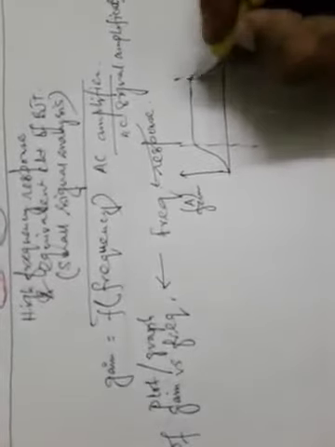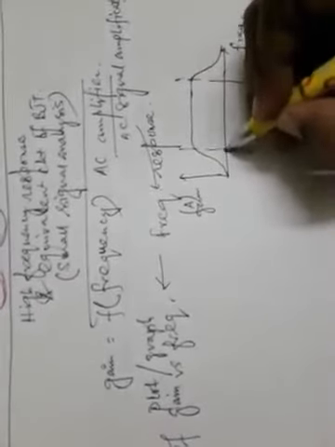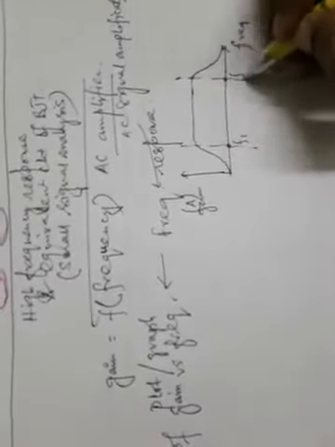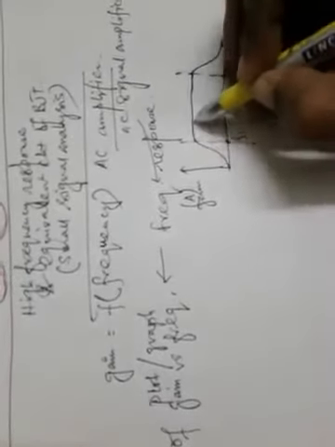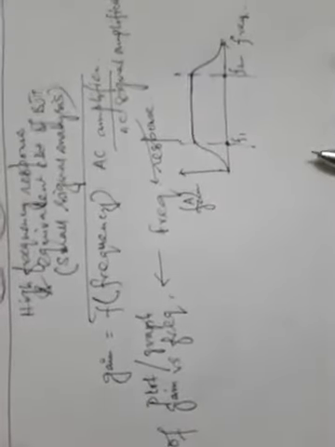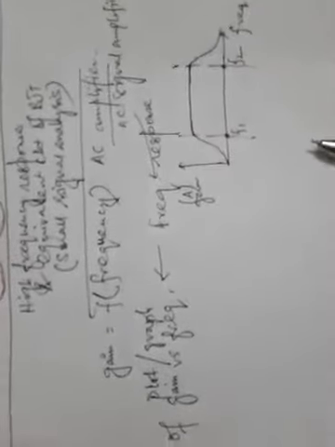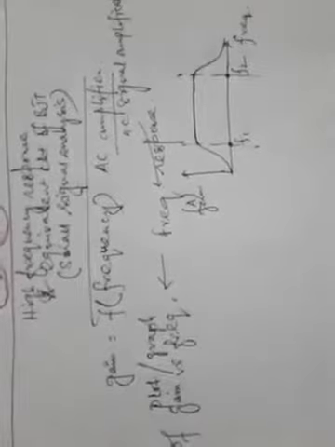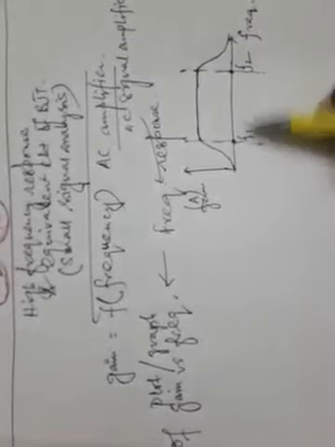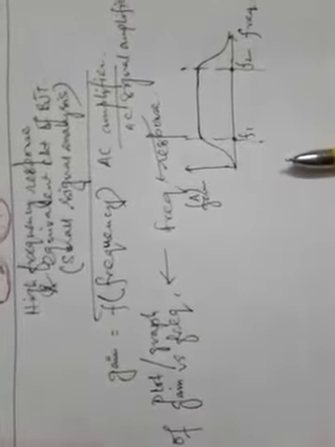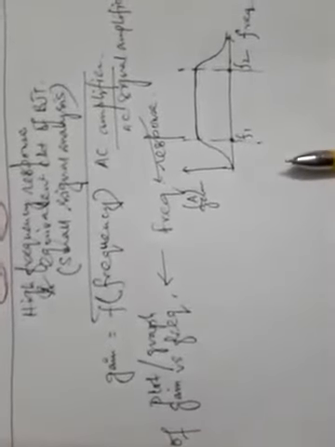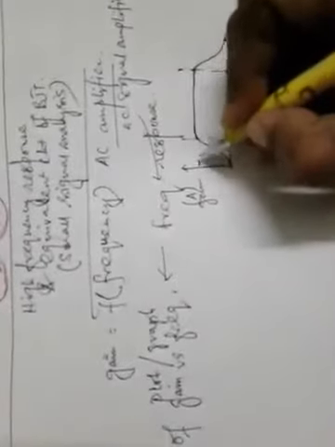You can see from this characteristic that in the middle region of frequency, suppose we take 2 points on the frequency axis as f1 and f2, between these 2 points the curve is almost flat or constant, parallel to the frequency axis. That means irrespective of the variation of frequency, there will be no change in the gain of the amplifier, or this gain could be said to be maximum.